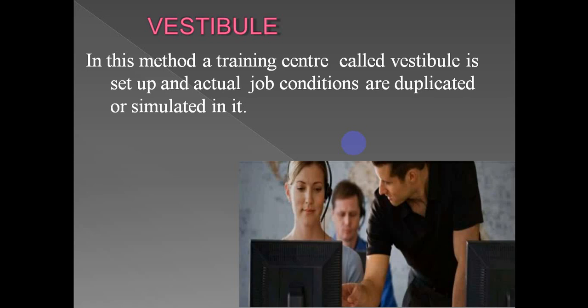We say vestibule school because the atmosphere is similar to the real job environment, with the same type of equipment, tools, noise, lighting, etc. Here also the trainer is the senior employee and the trainee is the junior employee.